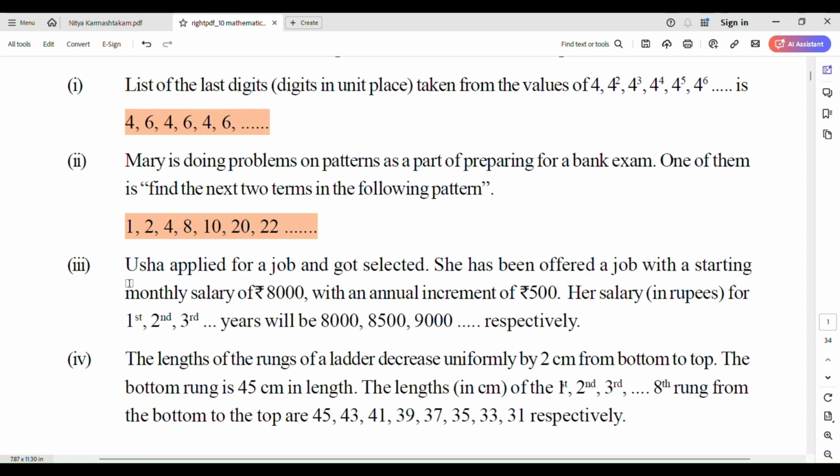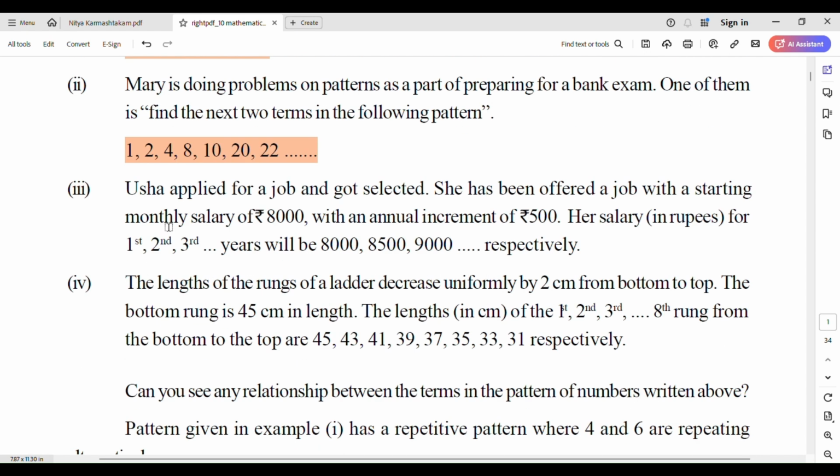Then another example: Usha applied for a job and got selected. She has been offered a job with a starting monthly salary of 8,000 with an annual increment of 500. That means after 1 year she will get 500 rupees more.